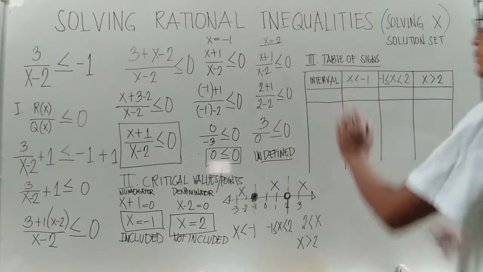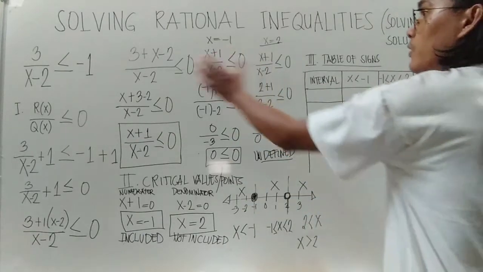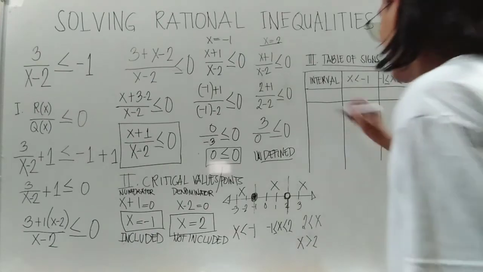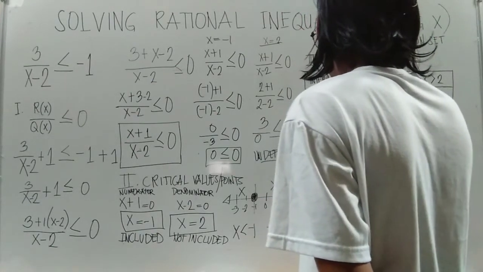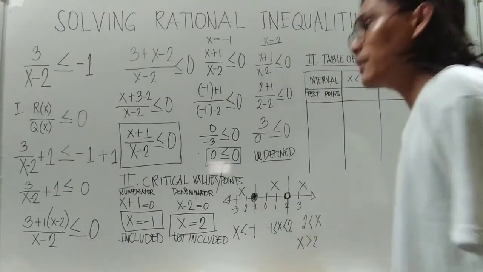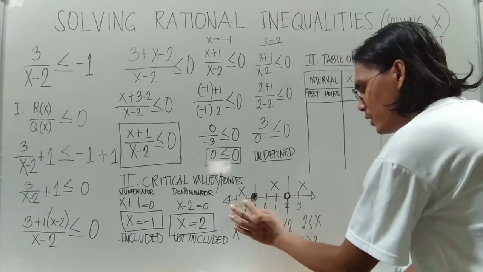So now we have put all the intervals of your rational inequality. Okay, now let's go to the test points or the test values. Test points. So let us test whether the values here are part of the solution.